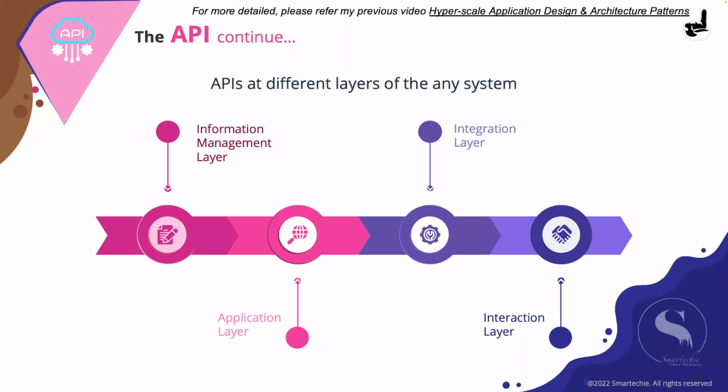Here are the four important and commonly used areas where APIs are really important, right? One is the information management layer, the other one is the application layer, then the integration layer and the interaction layer.